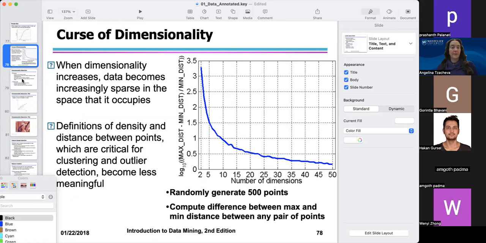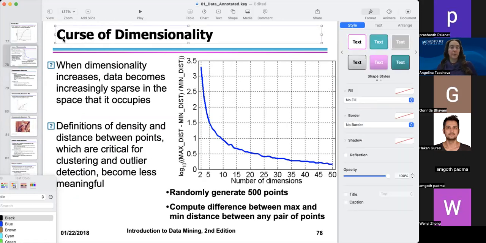So that's also called the curse of dimensionality. It's called a curse because the more dimensions we have or more attributes, the slower the analysis for the data would run.